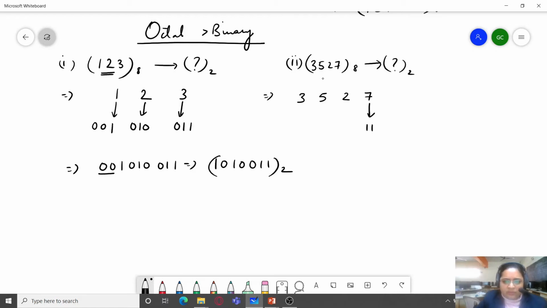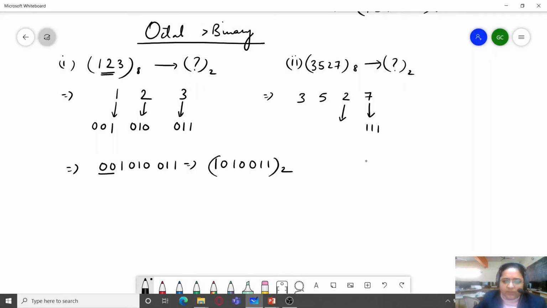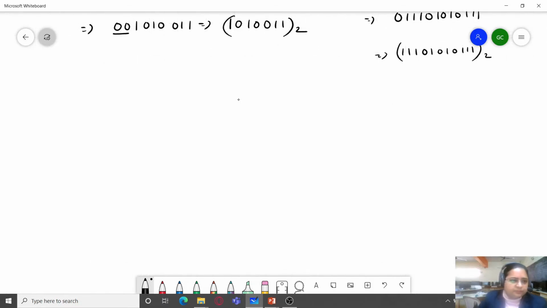So when we write it, this is our binary equivalent of this octal number. Next example.